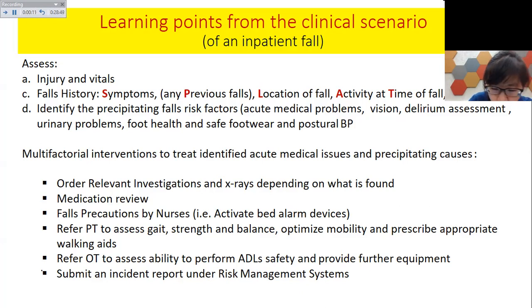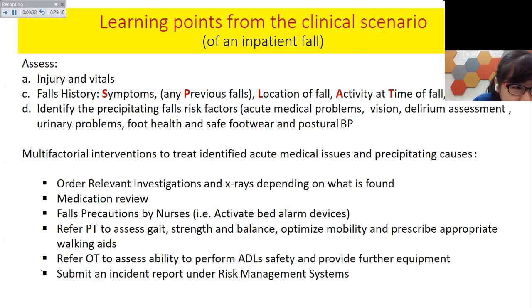Thank you, Dr. Tan. So we want to assess the injury and the vital signs are important to ensure that the patient is stable. We want to relook at the falls history, understand the symptoms, any previous falls or history of falls, the location of this fall in patient, the activity and the time of falls, and any trauma.